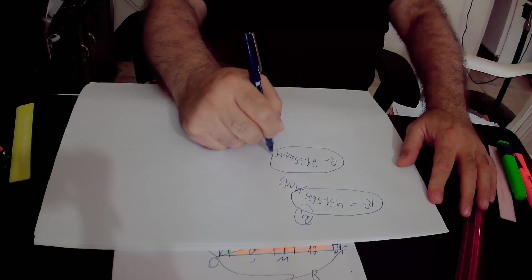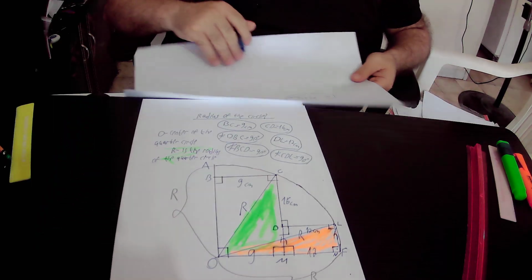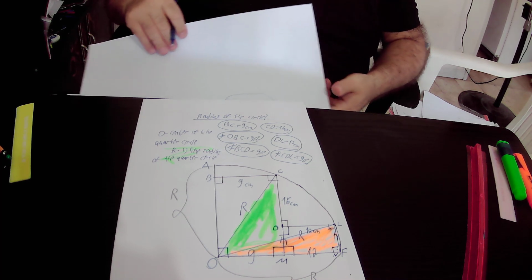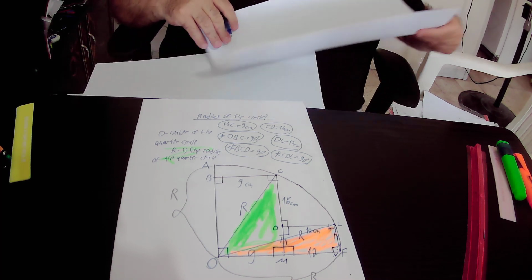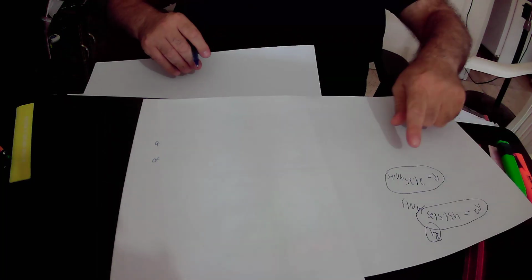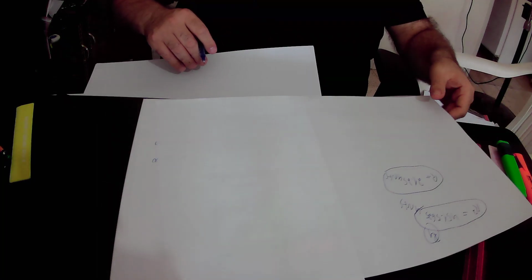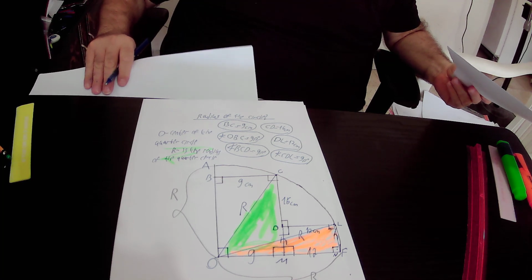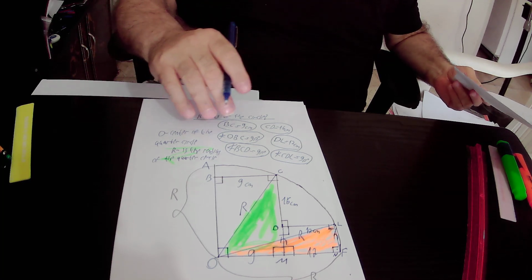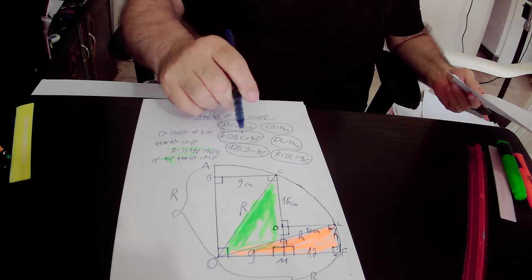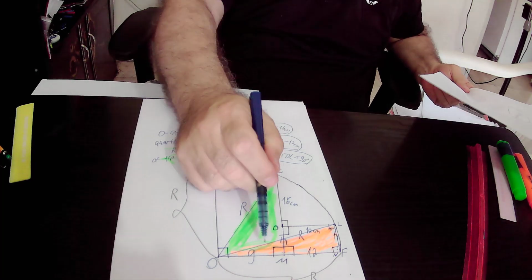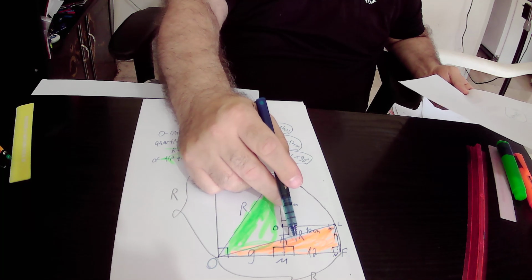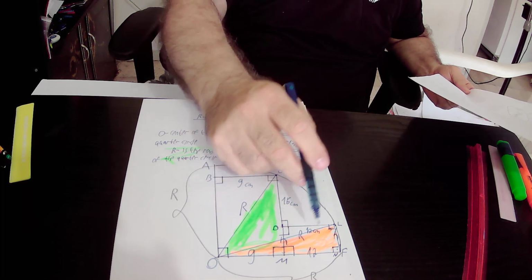Okay. So, in conclusion, we found out that the radius of the quarter circle equals 21.25 units. As I've already mentioned before, the radius of the circle is not equal to 9 plus 12, that is 21, but it is a little bit greater than 21.